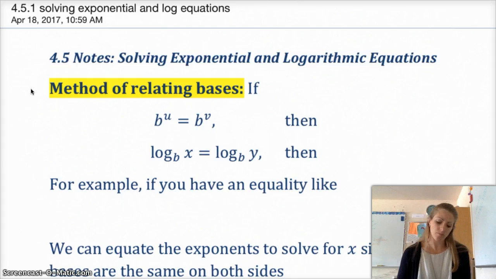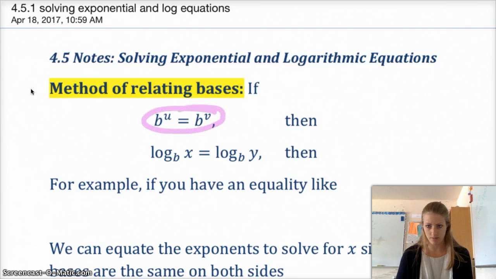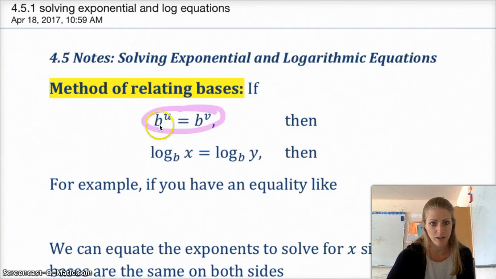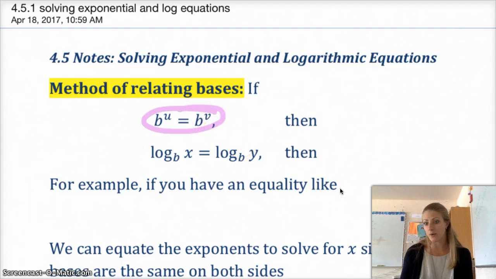Okay, so the first method is the method of relating bases, and basically all that it says is that if you have something like b to the u equals b to the v, where both bases are the same, so you've got 3 to something equals 3 to something else, and it's the only thing you have left in the equation, then hopefully this is obvious, the exponents have to be equal.